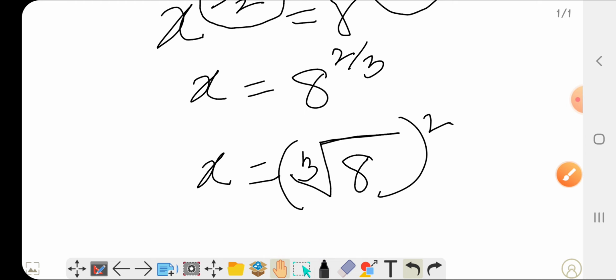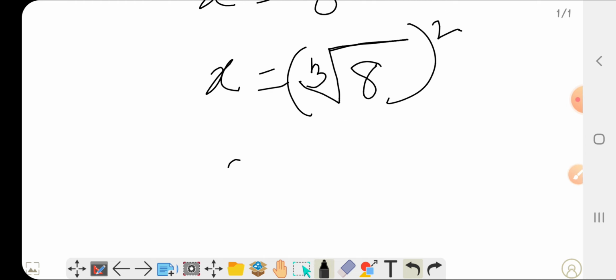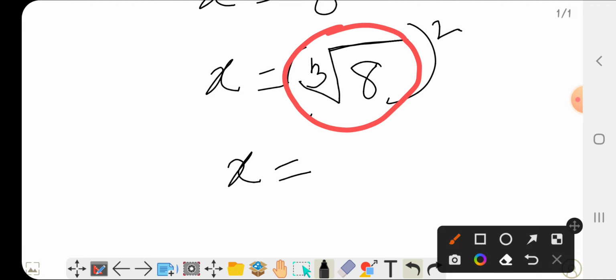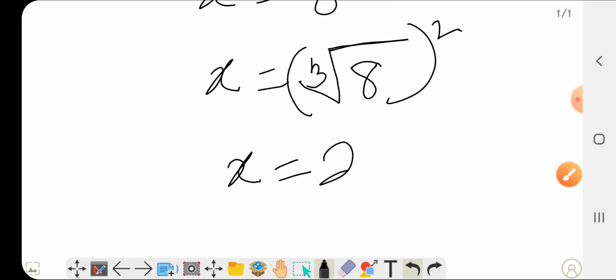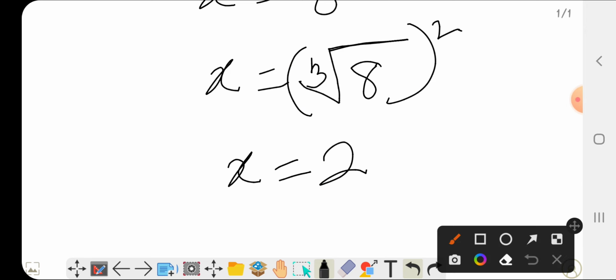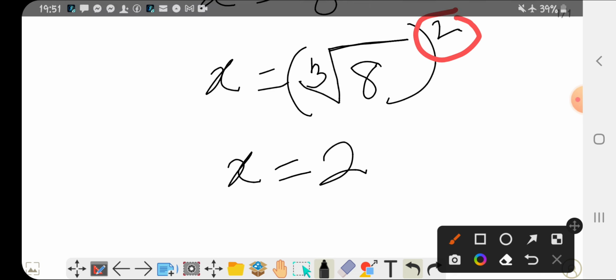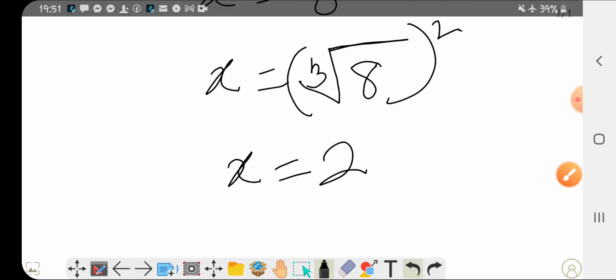So we will now have x equals the cube root of 8. That's it, because we have 3 here. That means we're going to look for the cube root of 8, or a number you multiply in 3 places to get 8, and it's definitely 2. So that's 2 raised to this power 2 here waiting for us.